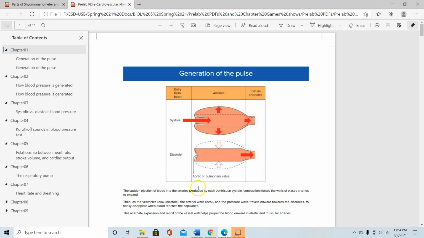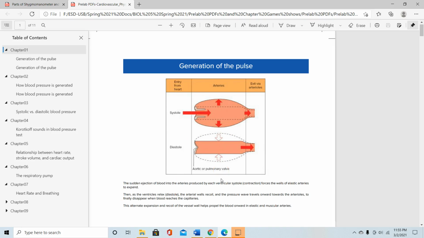Okay, so this is showing how we feel the pulse. The sudden ejection of blood into arteries produced by each ventricular systole, which is contraction, forces the wall of elastic arteries to expand, and that expansion is felt as pulse. Okay.